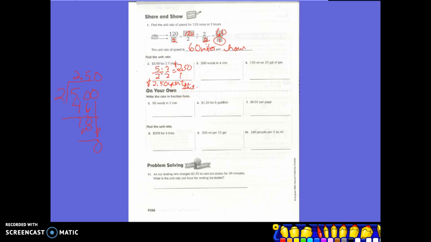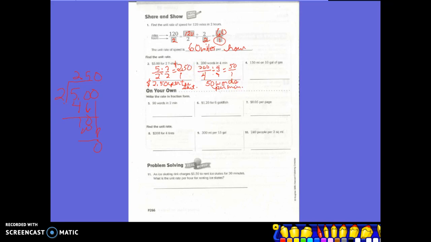Okay. Number 3, we have 200 words over 4 minutes. We're going to divide by 4. 4 goes into 200 50 times. So our unit rate is 50 words per minute.